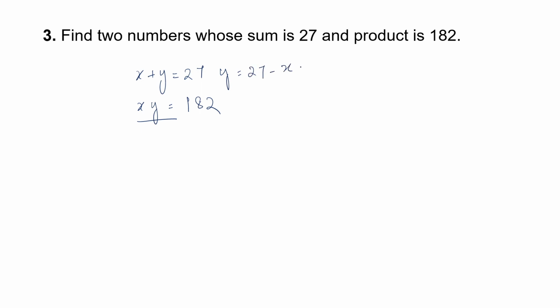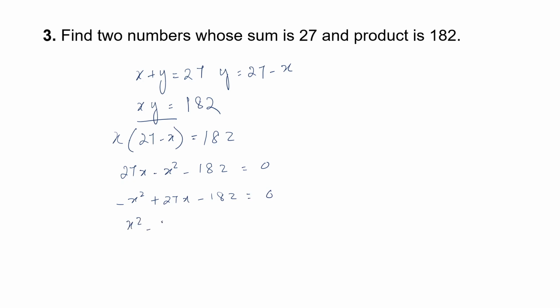So y is equal to 27 minus x, x into 27 minus x equal to 182, right? So 27x minus x square minus 182 equal to 0. If I change here, minus x square plus 27x minus 182 equal to 0, so x square minus 27x plus 182 equal to 0.